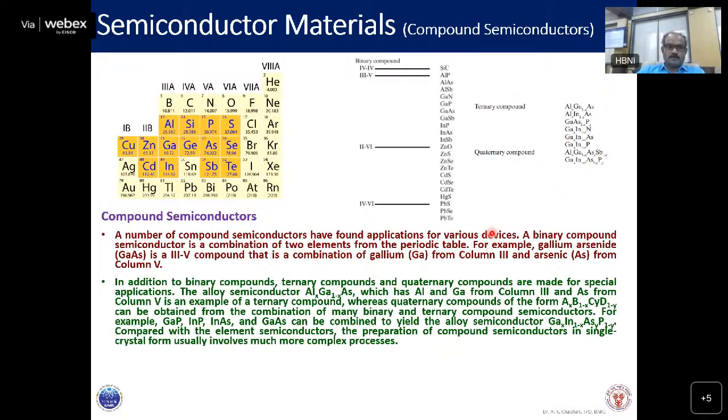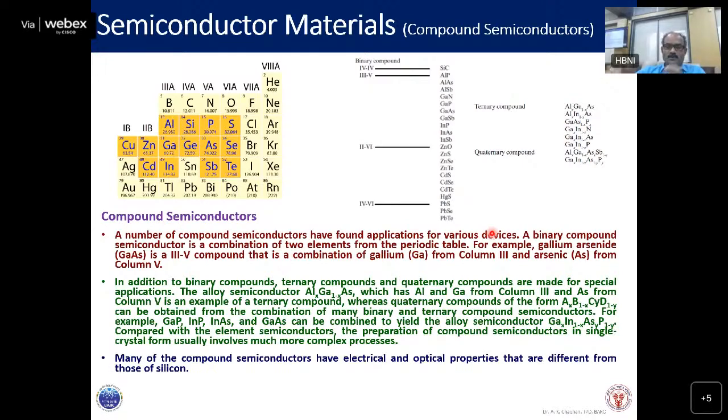So we have ternary, quaternary and binary compounds. These are different kinds of combinations, and mostly all of them are made using these yellow-marked elements. There are some others, but the majority are from the yellow marks. Many compound semiconductors have electrical and optical properties that are different from those of silicon.